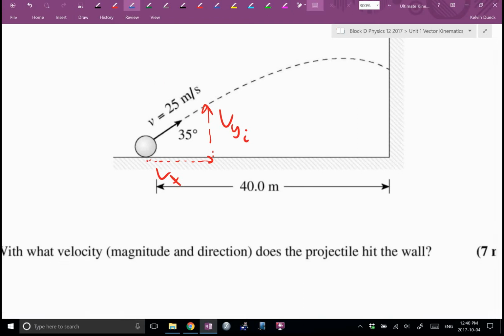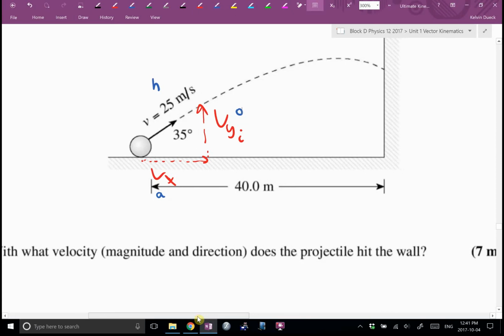Eric, my friend, that 25, opposite, adjacent, or hypotenuse? And Vx is adjacent. Vy initial is opposite. Which trig function would I use to find Vx? What would I type into my calculator to find Vx?